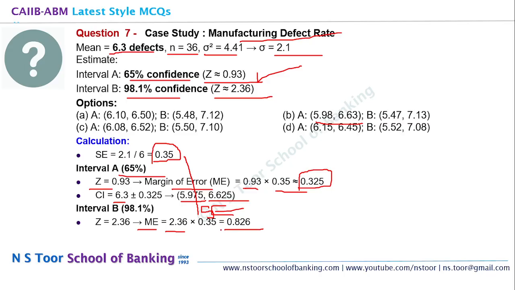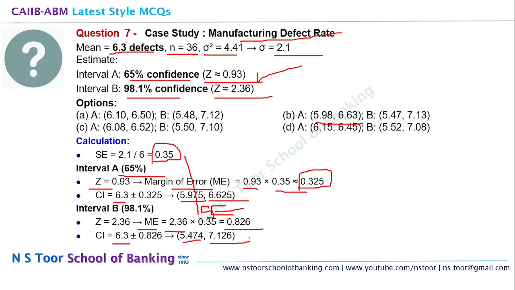So how will I calculate it now? What is the population mean? This will remain the same, 6.3 plus or minus 0.826. So as usual, for the lower level, 6.3 minus 0.826 is equal to 5.474, and for the upper level, 6.3 plus 0.826 is equal to 7.126.